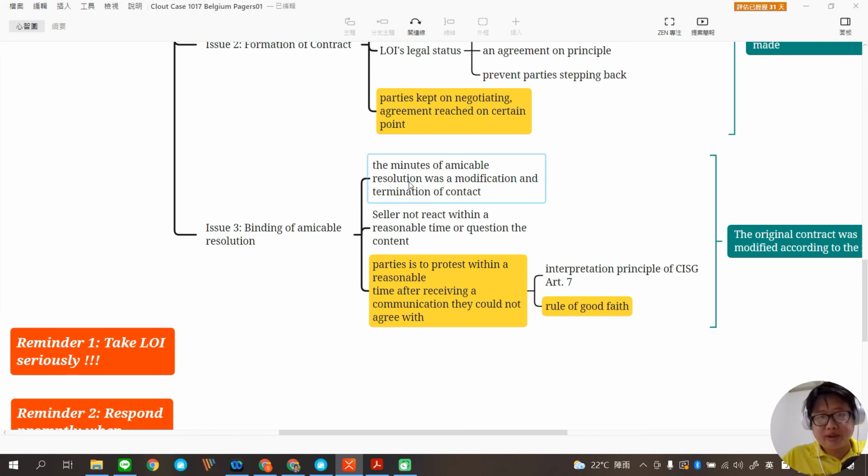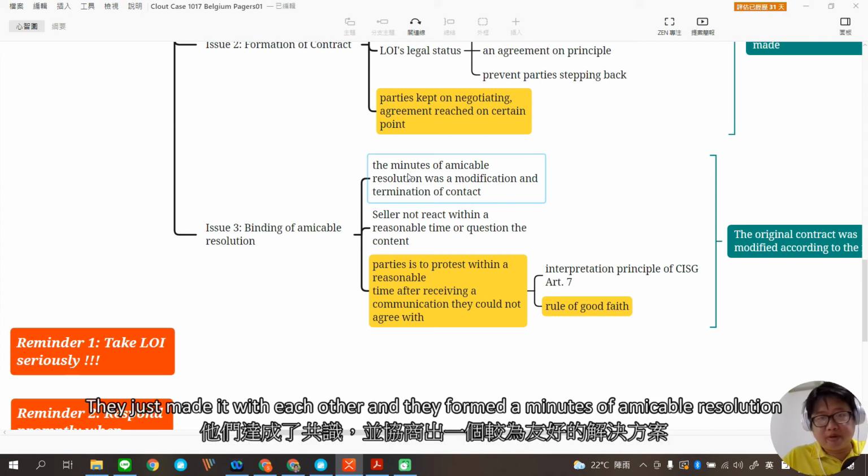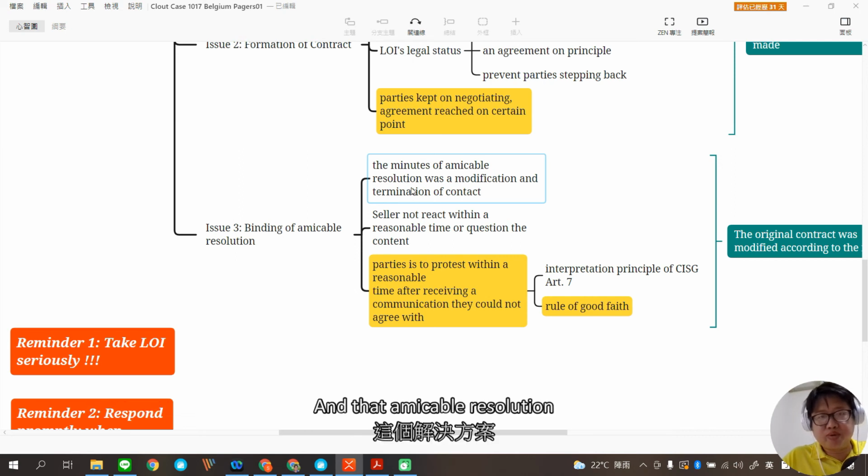So they met with each other and formed minutes of an amicable resolution. And that amicable resolution shall be considered a modification and termination of the original contract.